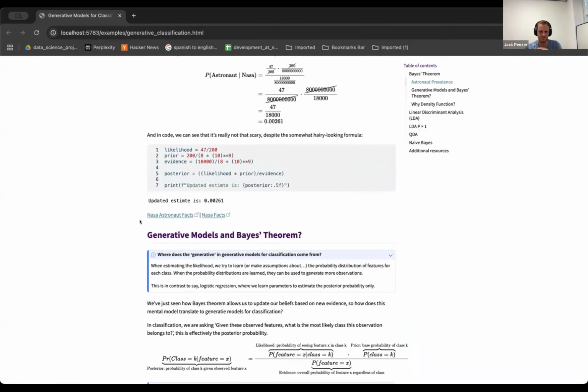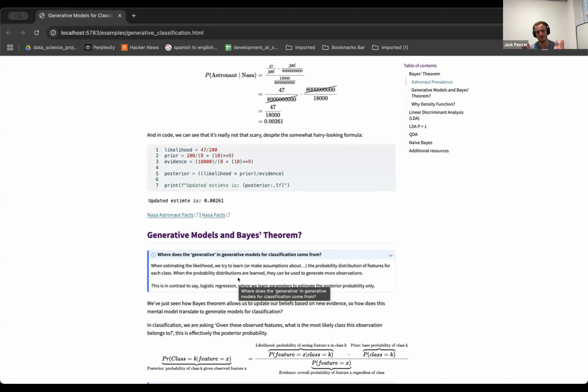Okay, so moving on to generative models and Bayes' theorem. Before we get into the generative models, why are they called generative models instead of, say, logistic regression, which is a discriminative model? The generative models are trying to estimate a probability distribution.